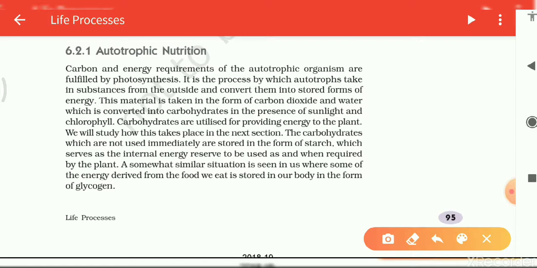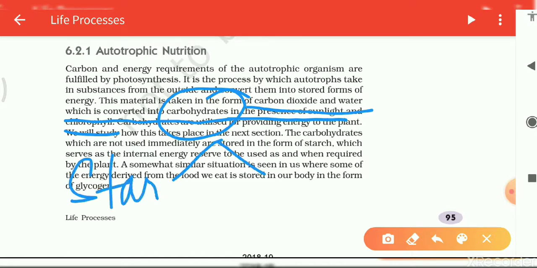The plant takes carbon dioxide and water, which are converted into carbohydrate in the presence of sunlight and chlorophyll. I already explained this to you. The food made is called carbohydrates. Now students, carbohydrate is a combination of starch and glucose.